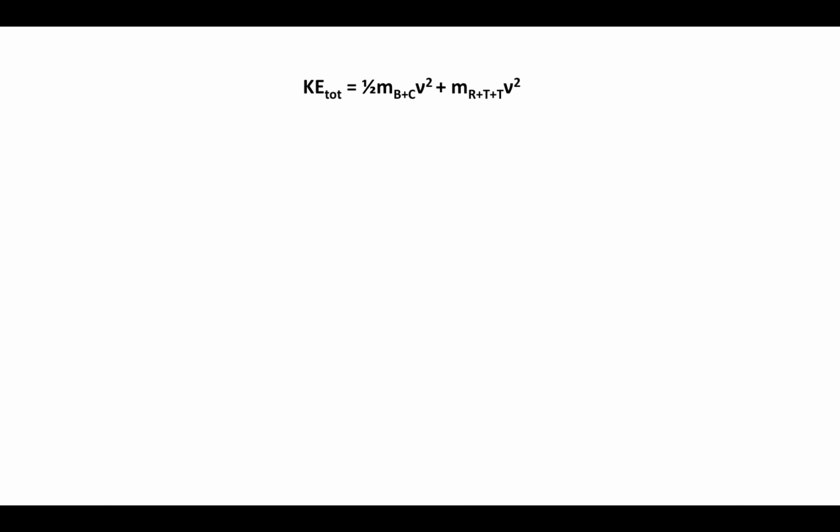This, you will recall, is our formula for the total kinetic energy, where B and C represent the mass of the bike and cyclist, and R, T, and T represent the mass of the rim, tire, and tube. Substituting the given values for the mass of the bicycle and cyclist as well as the rim, tire, and tube gives me this.